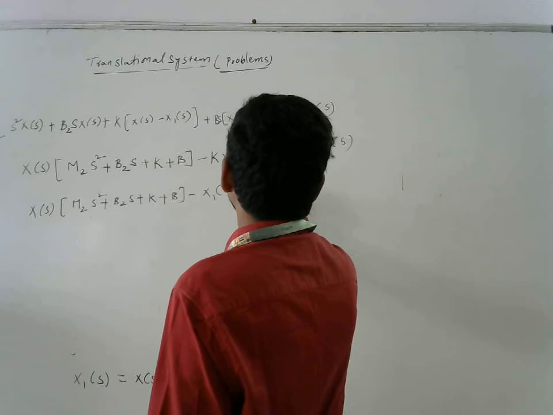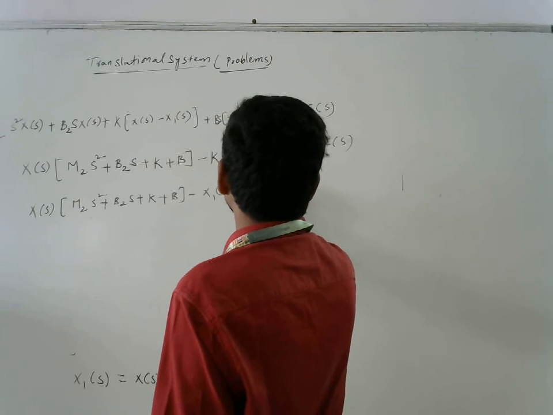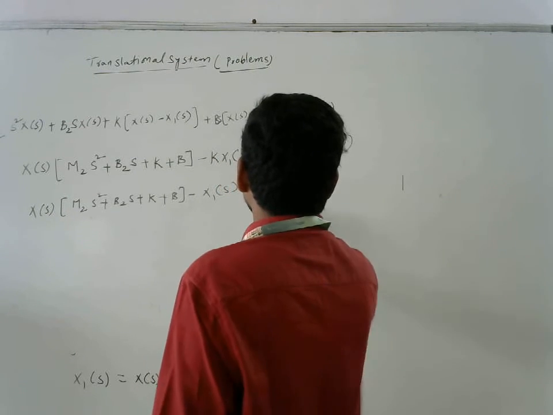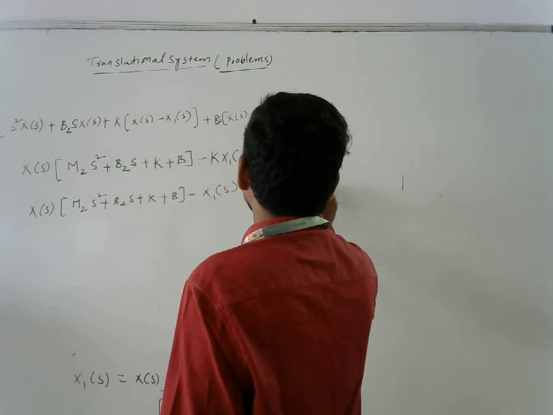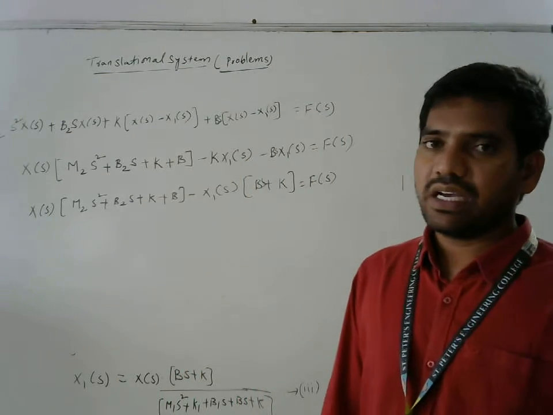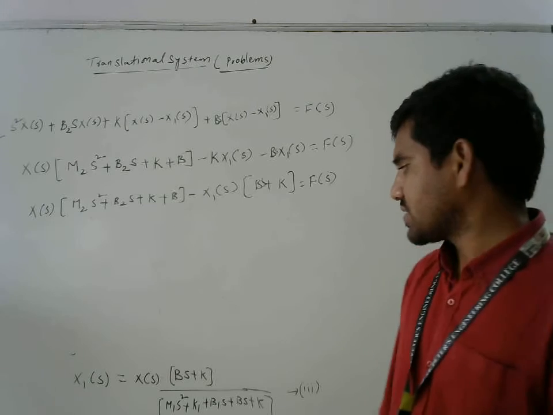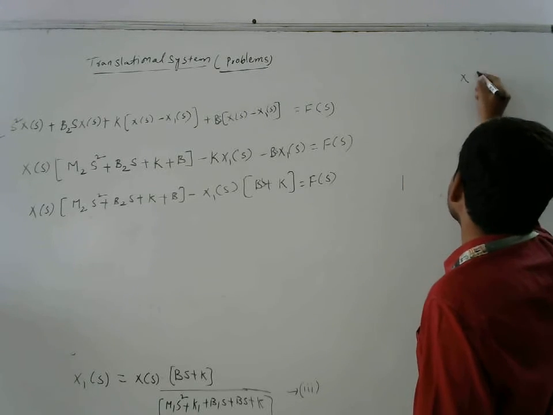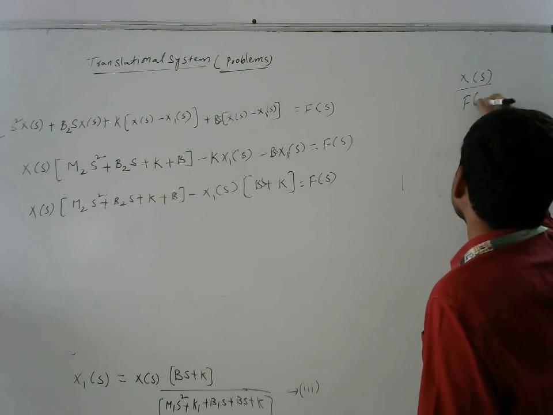Taking x1 of s out, bs plus k, which is equal to f of s. Now first we need to find x of s by f of s.